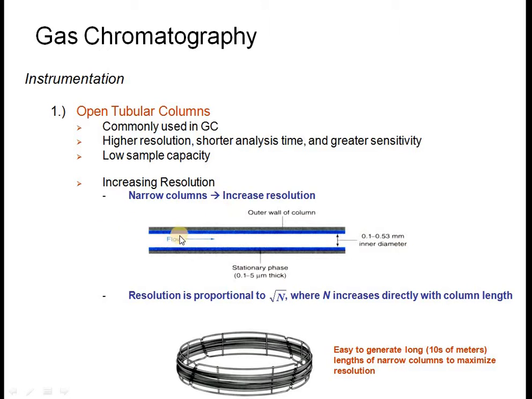This is the sample flow path, and the diameter is 0.1 to 0.53 mm. Resolution is proportional to root N, where N increases directly with column length. The column is spiral, easy to make tens of meters long, with narrow columns to maximize resolution.